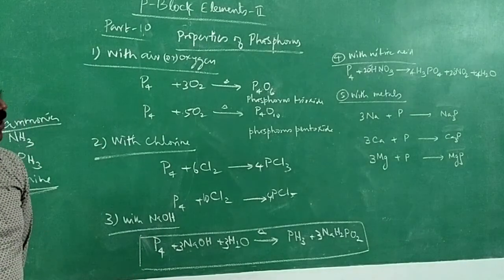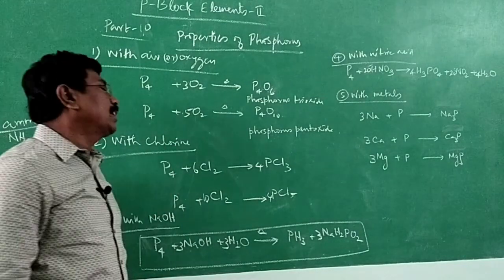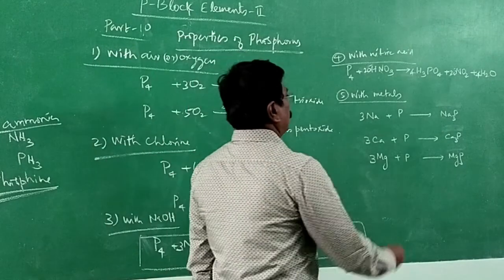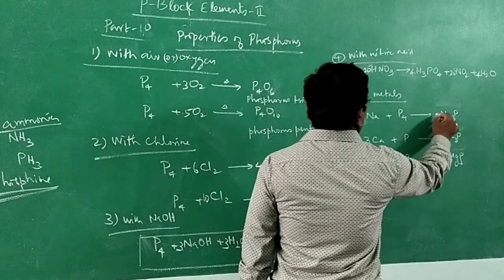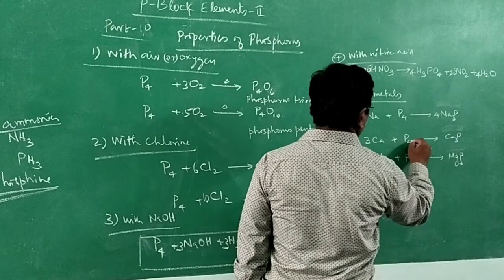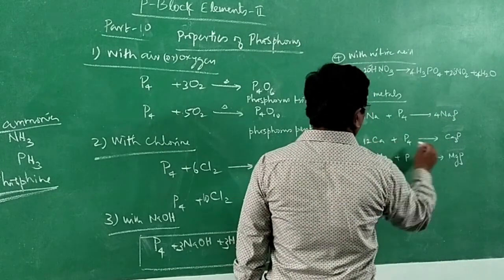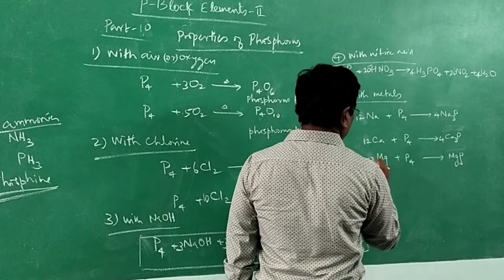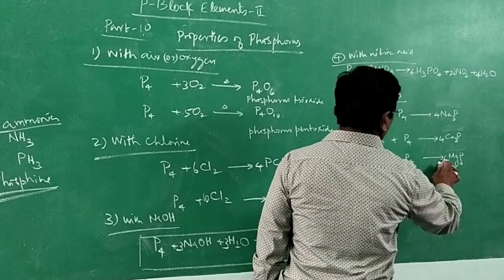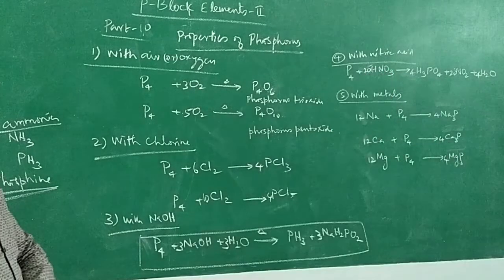If we write P4, accordingly it has to be multiplied by 4. P4 with 12 sodium gives 4 Na3P. With magnesium, 12 magnesium, balanced equation.